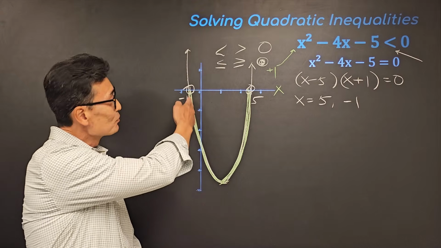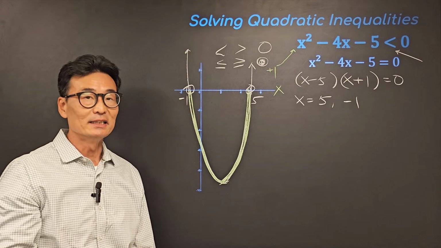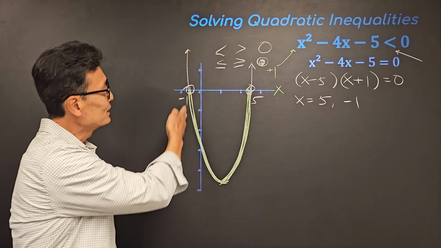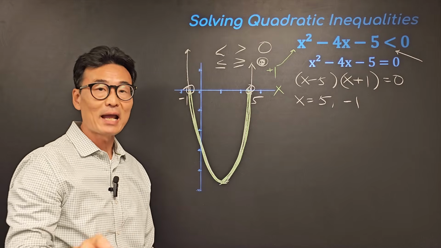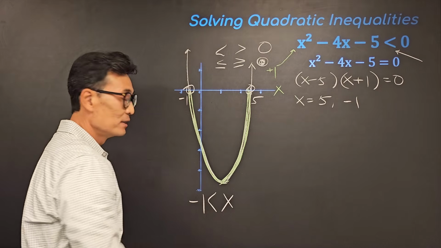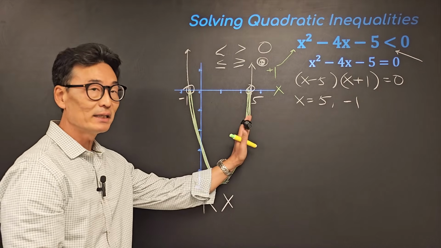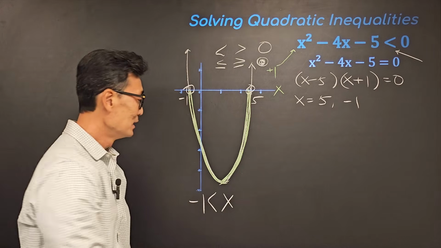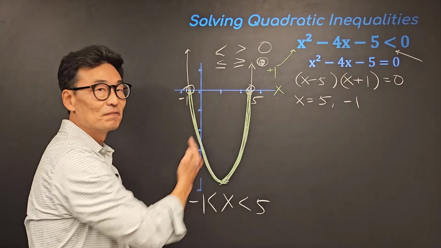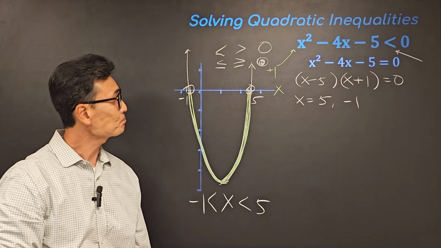Then, since the portions that are shaded, or the green lines that you see, is between negative 1 and 5, our answer is going to be x is greater than negative 1, meaning right of negative 1, and less than 5, meaning left side of the 5.